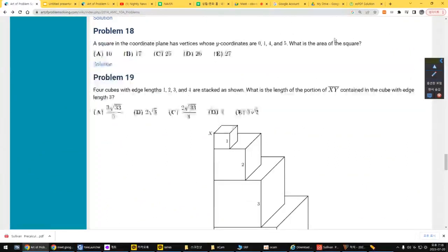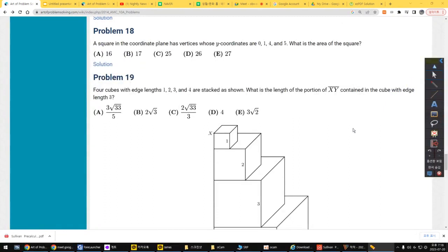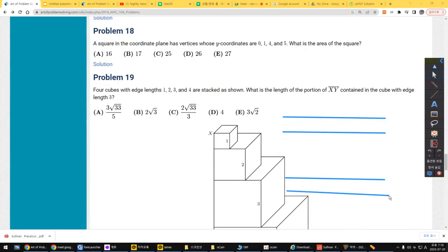And if we make the square in number 18, so the y vertices are 0, 1, and 4 and 5. So we can think of this type of square like this, and that means we can make another square outside this square like this.